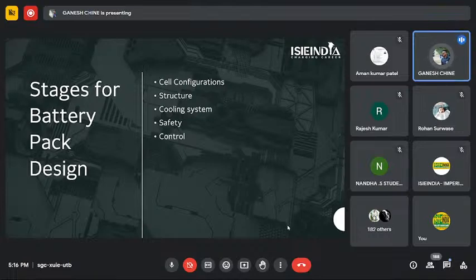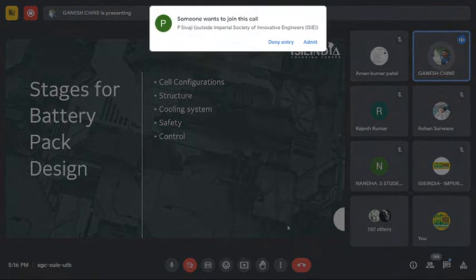While designing any vehicle battery pack, weight consideration is the most important. While selecting the materials, we have to consider how to minimize the weight of the battery pack.